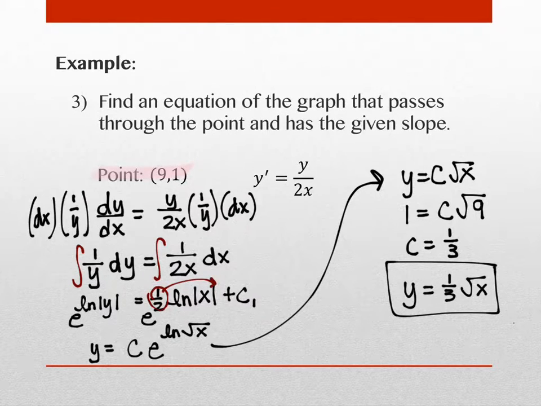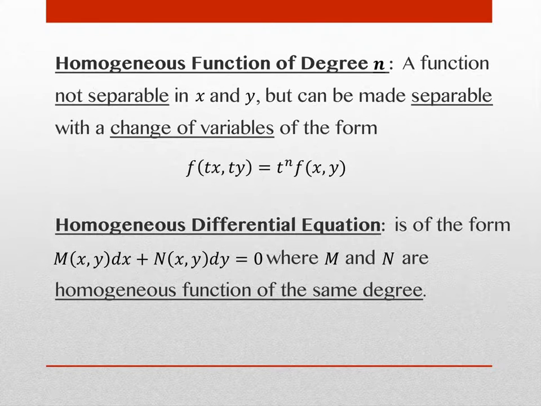So the other part of these directions talk about homogeneous functions. A function that is not separable in x and y can be made to be separable with a change of variables. At least, this is the definition of a homogeneous function. It's one that can be made to be separable with a change of variables.